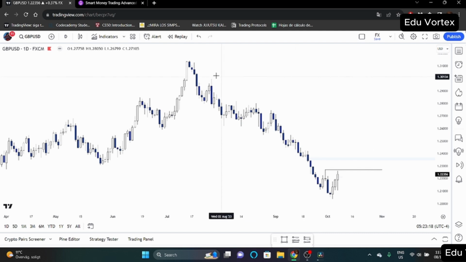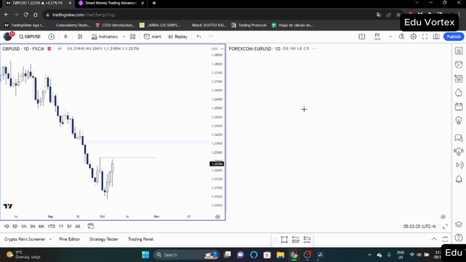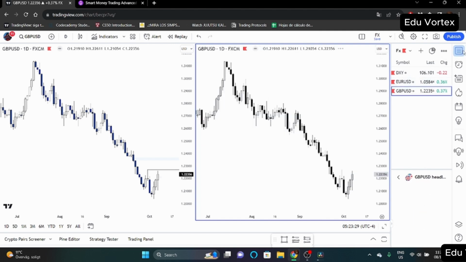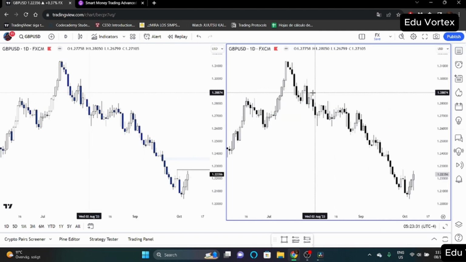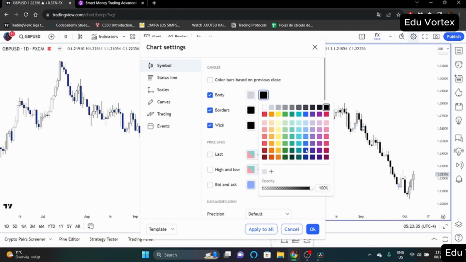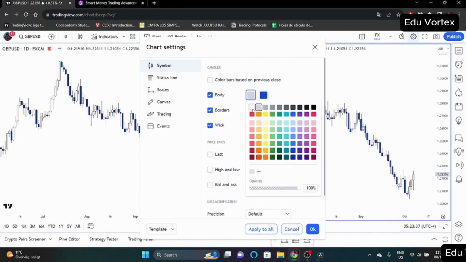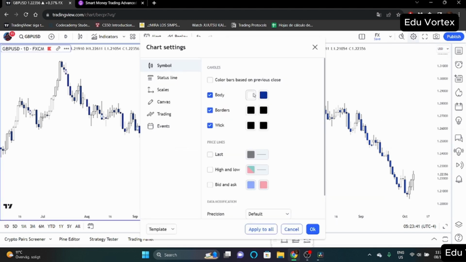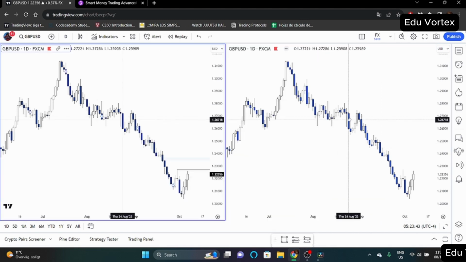For example, here we have this. Let's put this right here. Let's put GBP. Okay, let's change the colors so it looks exactly the same, as you can see.